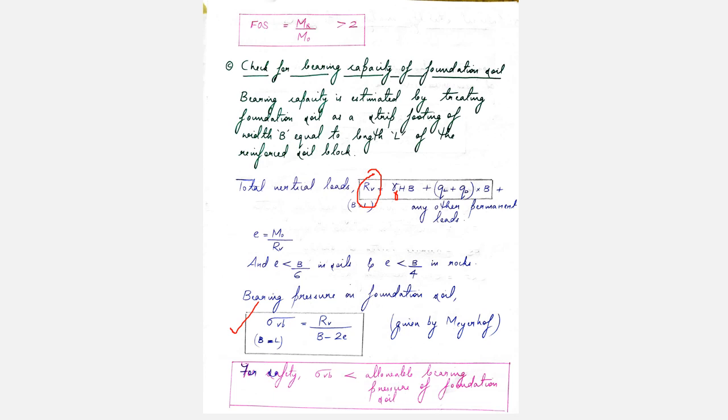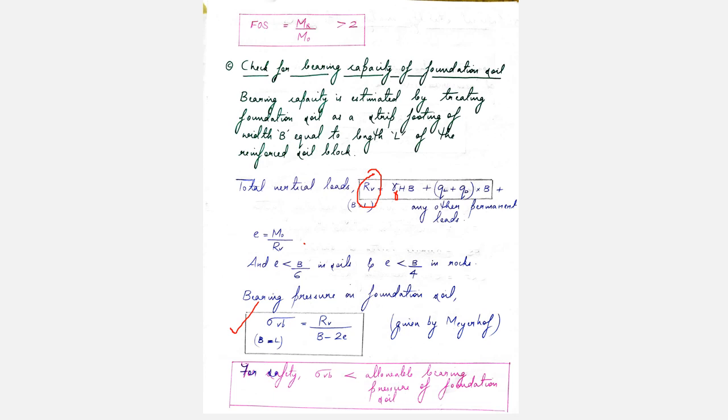So you have to see whether in soils your eccentricity is lesser than B by 6 or L by 6. And in rocks the eccentricity should be less than B by 4 or L by 4. Okay. So once that criteria is fulfilled, then we can use that eccentricity in this equation and find out the actual bearing pressure coming on the foundation soil.